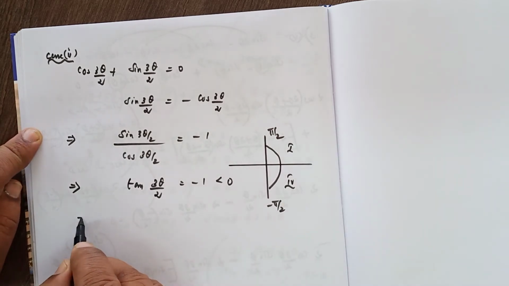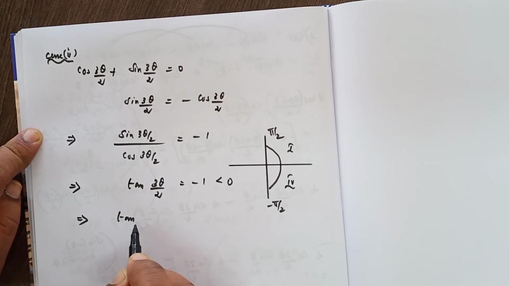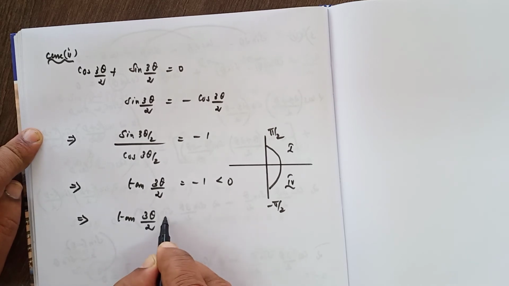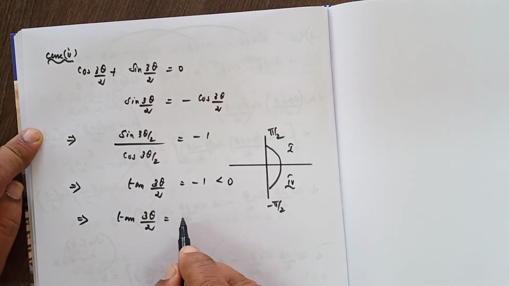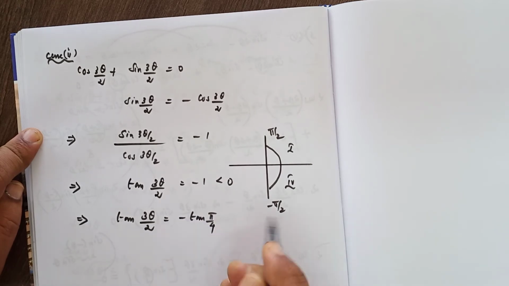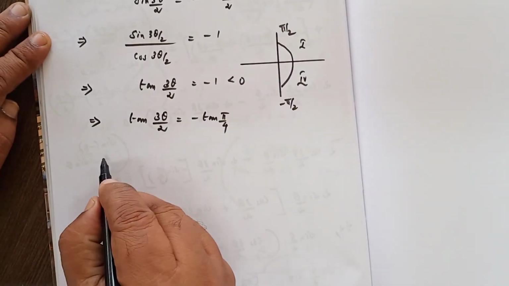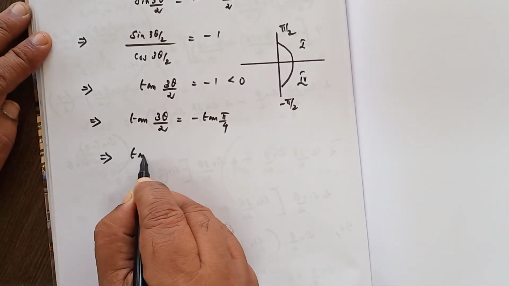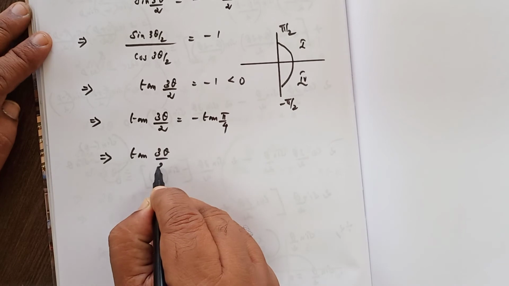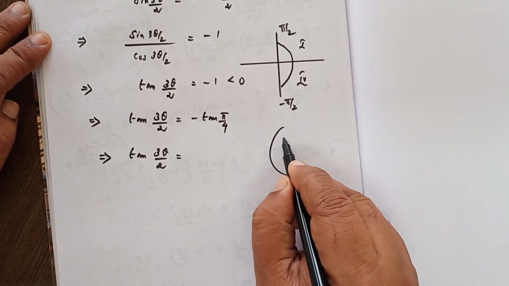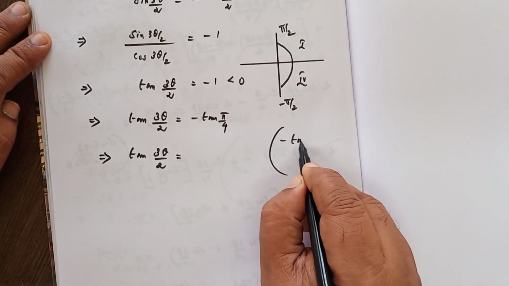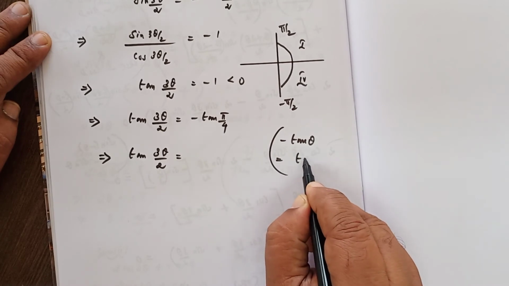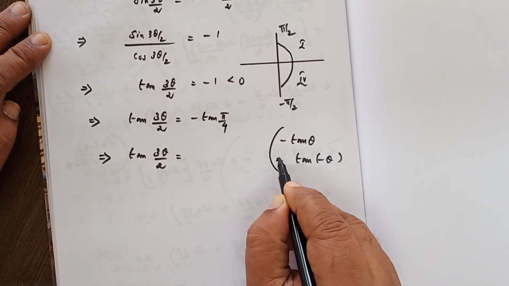So which implies tan of 3 theta by 2 that is equal to, you write this one as minus tan pi by 4 because tan 45 that is equal to 1, which implies tan of 3 theta by 2 that is equal to, we know that minus tan theta that is equal to tan of minus theta.